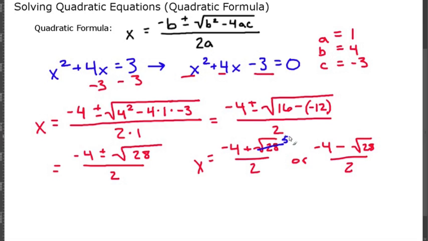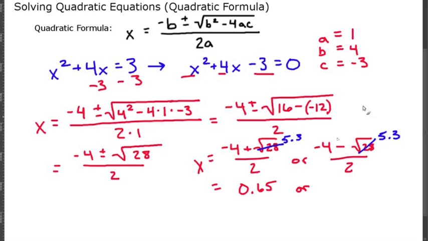So I'm just going to change this to 5.3 and change this to 5.3. So now we have negative 4 plus 5.3 over 2. So negative 4 plus 5.3 is 1.3. Divide that by 2, and you're going to get approximately 0.65, or 65 hundredths.